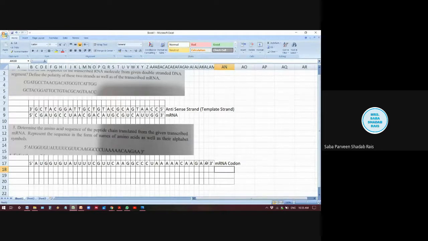The codon chart I have already given to you all, so you are supposed to open that chart. Now I will write the tRNA anticodon first.